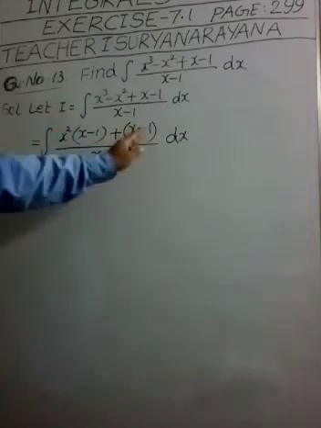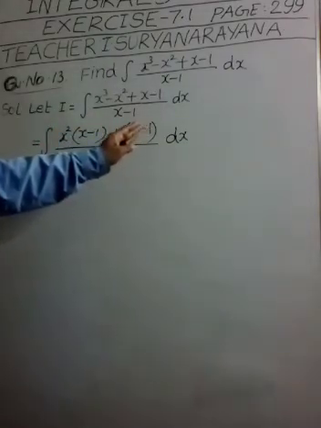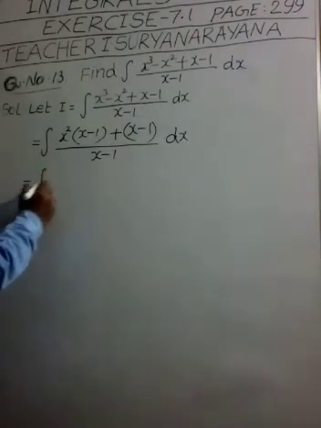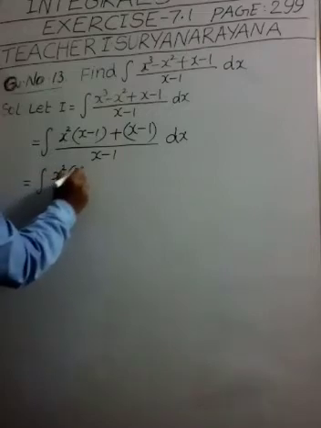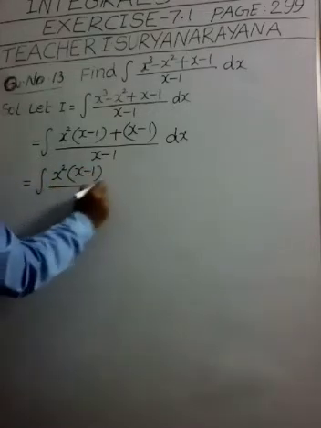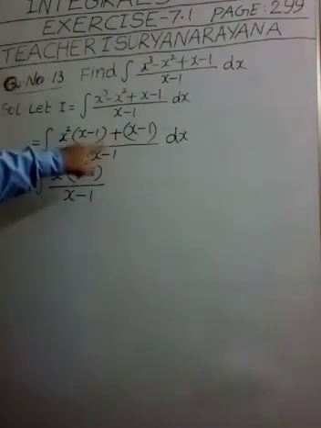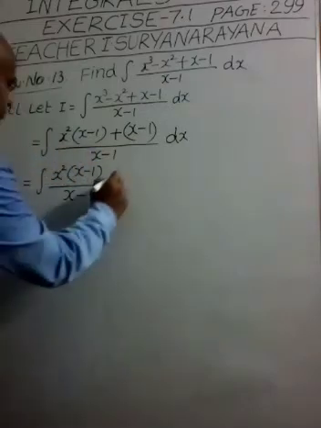Right. Now we split this entire integral into two integrals. Okay, my children? That is equal to integral x square into (x minus 1) by (x minus 1). Understood this first term, my children?